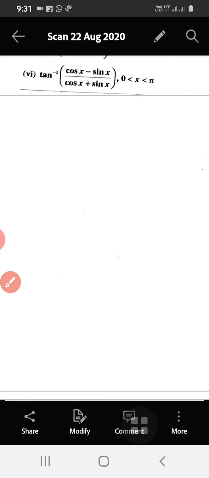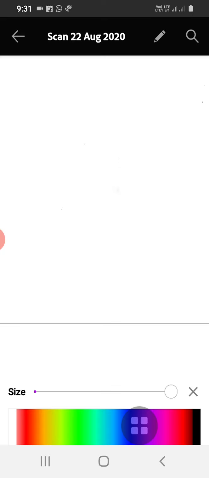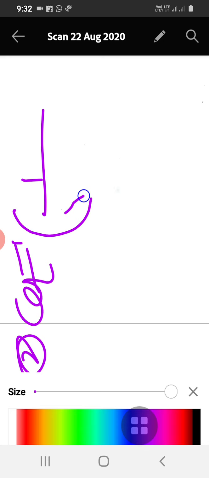Let us solve this second one. The given expression is cot inverse of 1 by square root of x square minus 1.